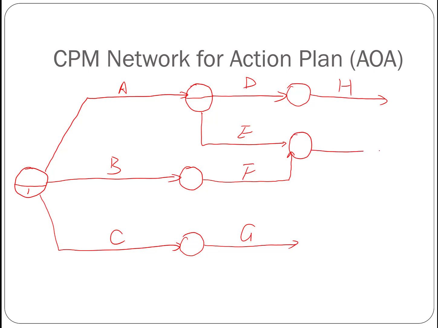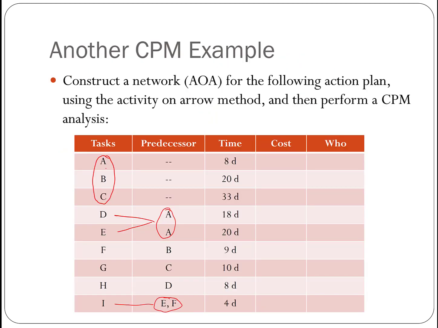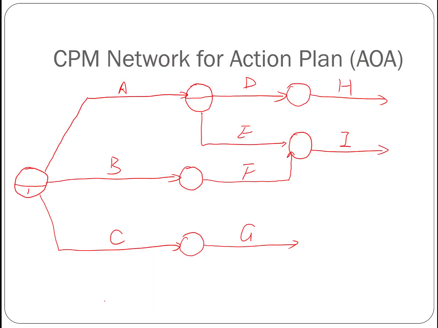And after this node is the I. With this, we completed all the tasks with their predecessor relationship. So start with A, B, C, and then after A, we have D and E. After B, C, D, we have one activity each: F, G, H. E and F end at the same node, which is followed by I.